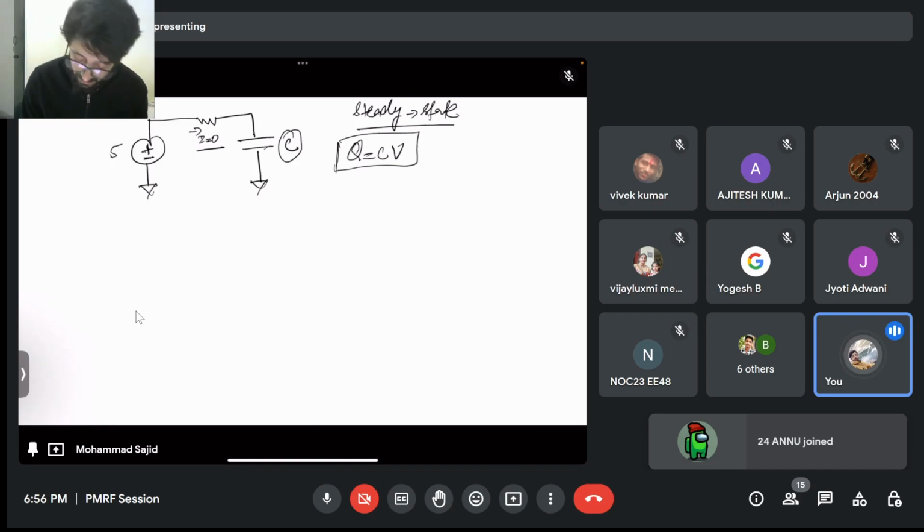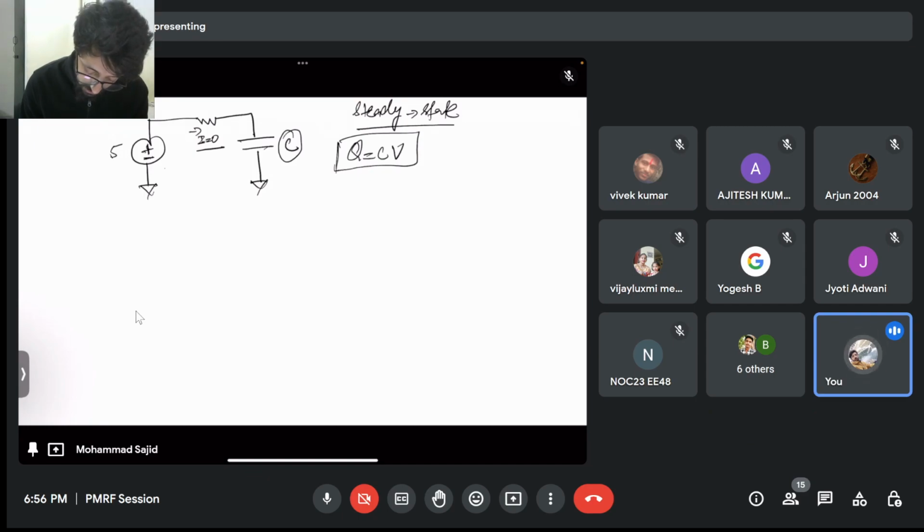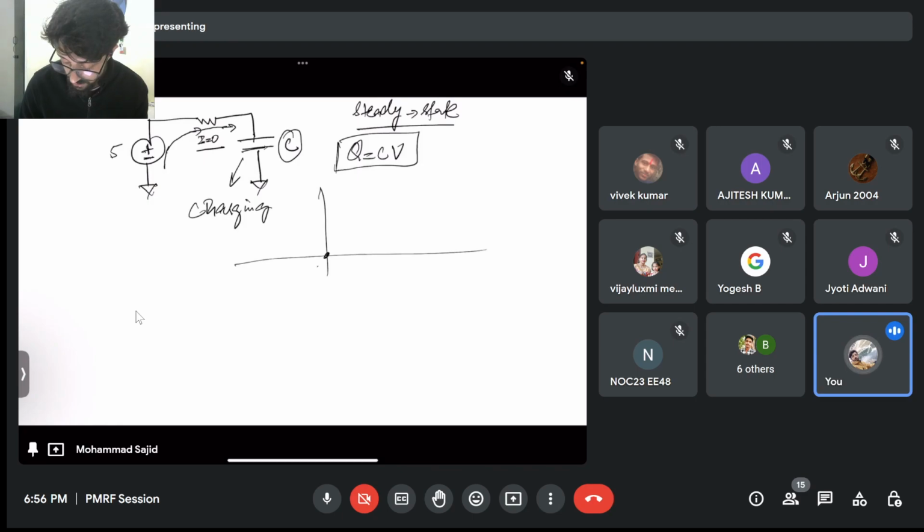Initially the current is 0, but due to this connection of 5-volt supply, a small amount of current will flow, and these capacitor plates will get charging, right? Initially the potential will be equivalent to 0, right?